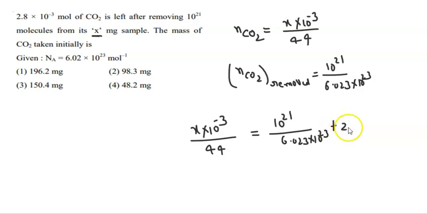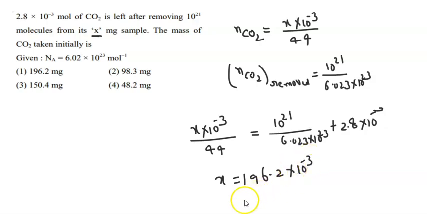Still left are 2.8 into 10 to the power of minus 3. If you are going to solve this question, then you can get the value of x as 196.2 into 10 to the power of minus 3. That can be taken as 196 milligrams. That is there in option 1, which is the correct answer for the given question.